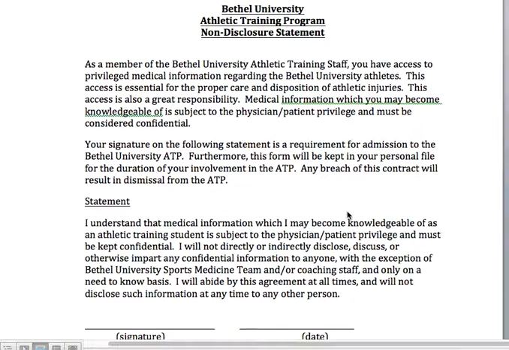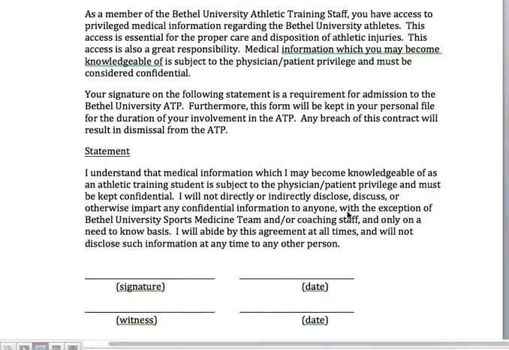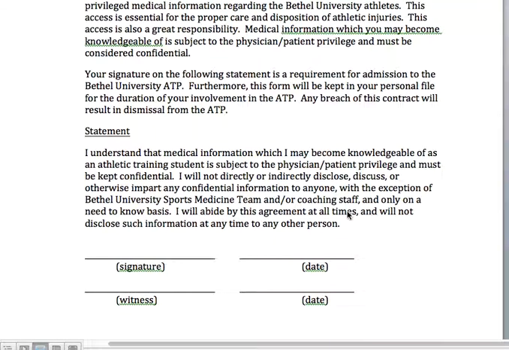Non-disclosure statement. A reminder that you need to maintain confidentiality in regards to the people that you treat, whether that be in a clinic or at a high school or college. You cannot disclose what injuries are. So if your roommate comes up and says, hey, what happened to so-and-so at the game?